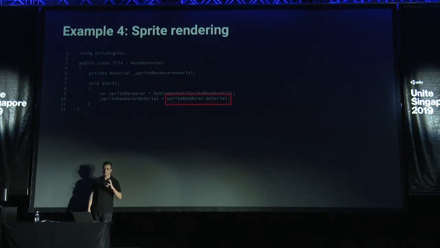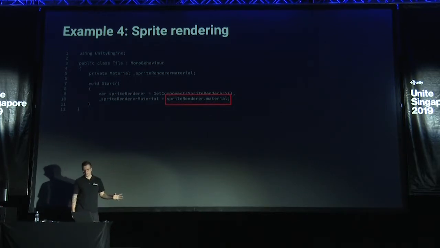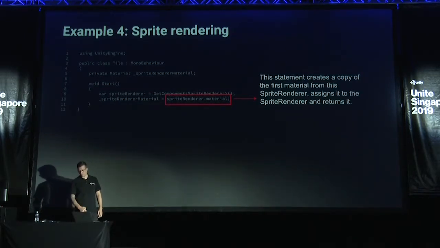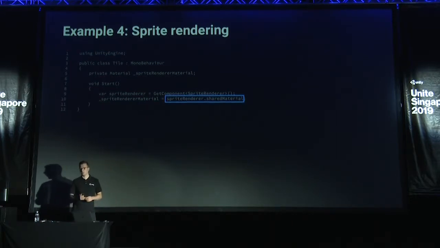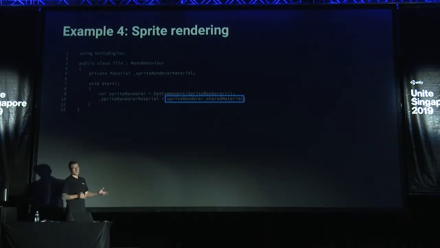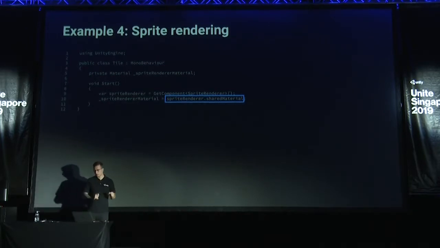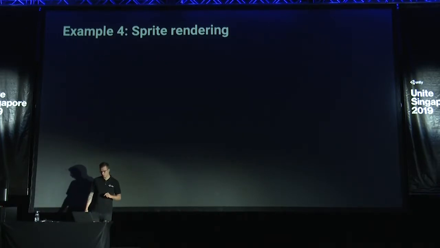So every time he was calling this on a tile, it was creating a new instance of the material, and these 2 materials can't be batched together. So a fix would be to, instead of calling the renderer material, call the shared material, and then we don't instantiate a new instance, we actually reuse the same one.